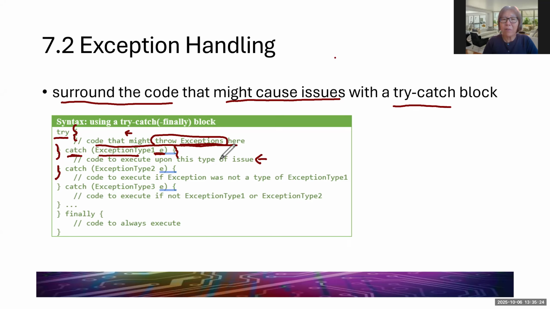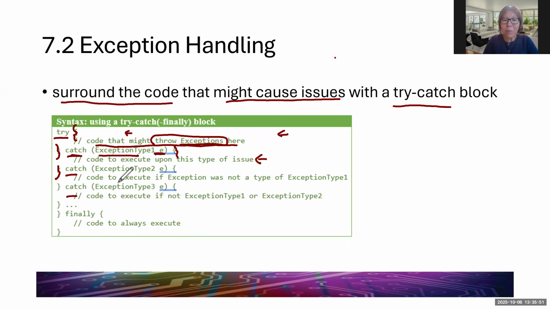In this block, you write what to do to handle the exception. The code can cause different exceptions, so we can use multiple catch blocks to catch each individual exception.